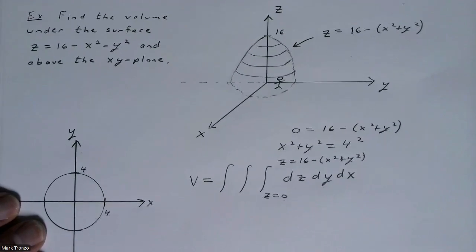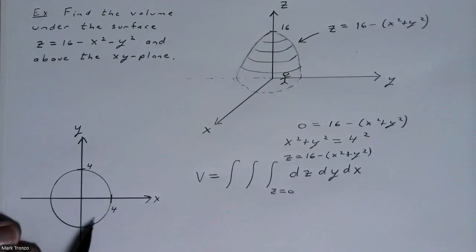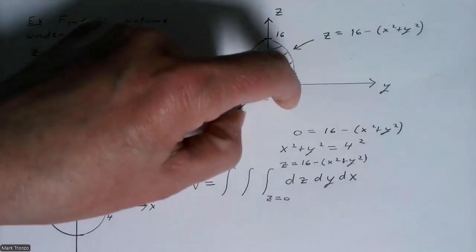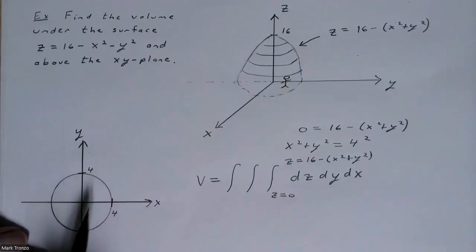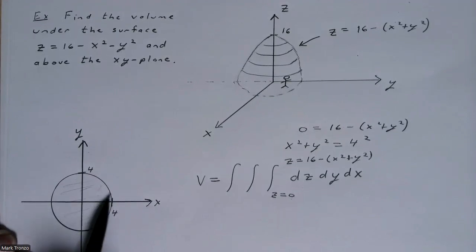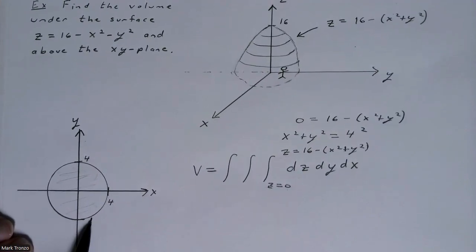Now, the last two bounds, you go then into your 2D plane. So in other words, you're thinking, okay, how does my region project into the XY axis? And it projects into the XY axis on this circle. Now, in this case here, it's going to be easier to convert this to polar coordinates.